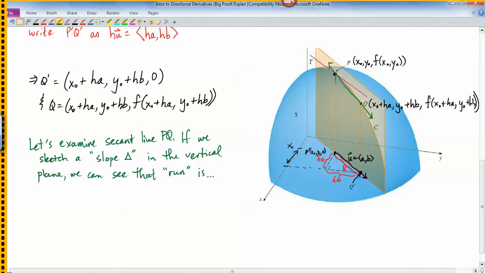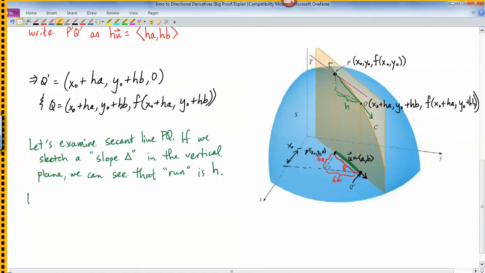It comes down a little bit, and then it comes over a little bit. And if you notice, this part right here is exactly the same as this part right there, which was h. So the run is h.